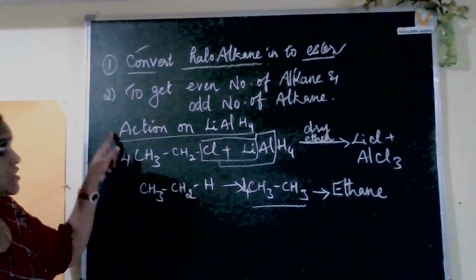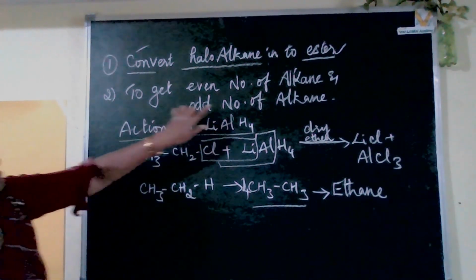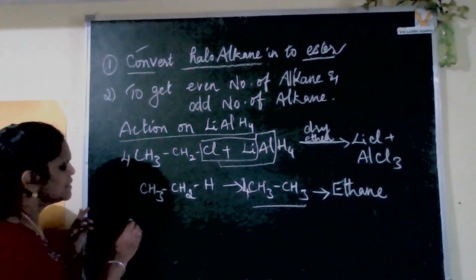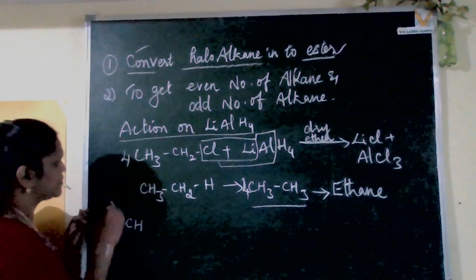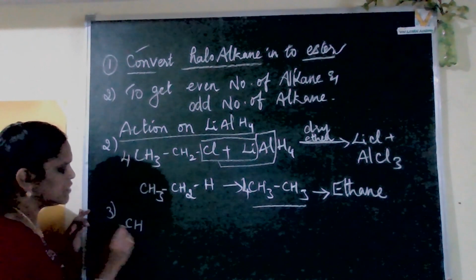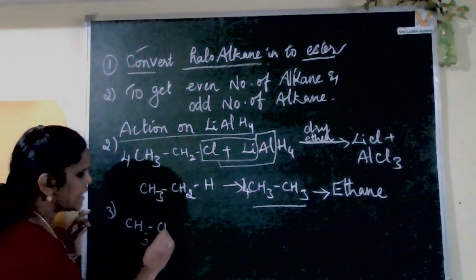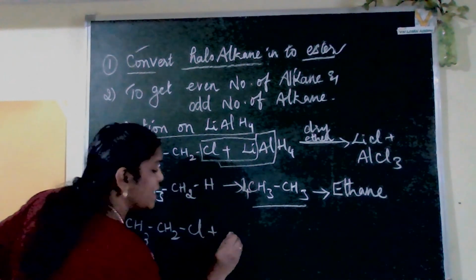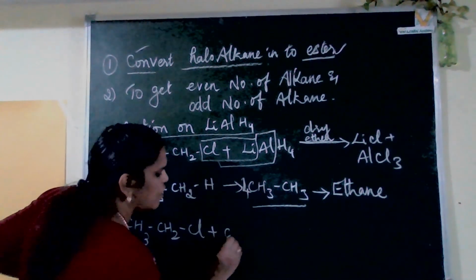Okay, the next one: how to get odd number of alkane. That is very simple. This is the second one, and that is the first one. Now CH3CH2Cl combined with methyl lithium. What do we call it?